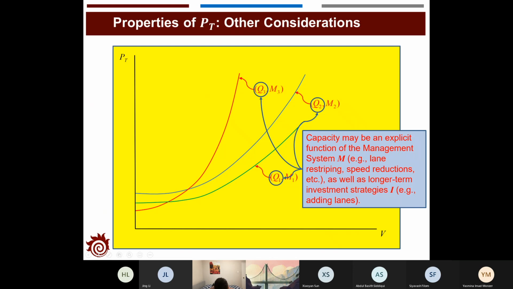Another thing that we want to mention here is the capacity of the road. Let's take the intersection as an example. The capacity of the road is also determined by the signal timing plan, so it's related to how you control the signals. So we should say that the capacity Q is a function of the management strategies.